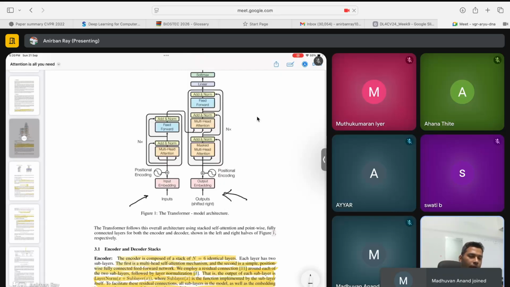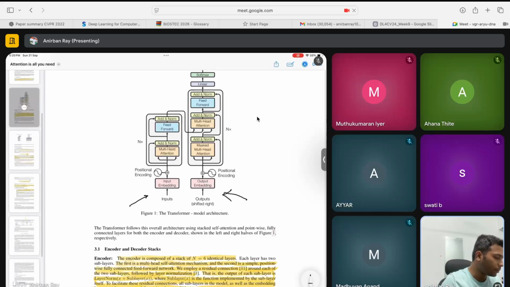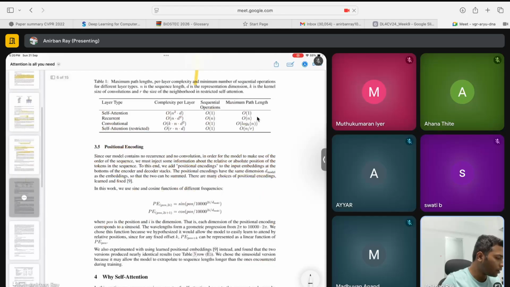They also use a positional encoding here. In the paper they have defined a sinusoidal positional encoding, which you can see in the paper. Here it is: for each position, and for i, which is the dimension.